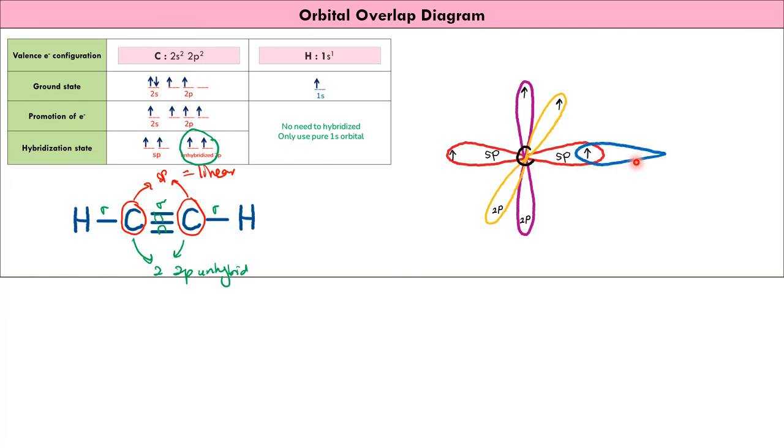Okay, the first loop must show end to end overlap over here. Okay, so straight kat sini satu and then another one. Okay, so dia akan jadi straight lah macam ni dekat sini. Labelkan carbon. Okay, kemudian sp and then the electrons. So, satu spin down, satu lagi spin up dekat sini. Dan jangan lupa, this carbon will also have two unhybridized 2p orbital.